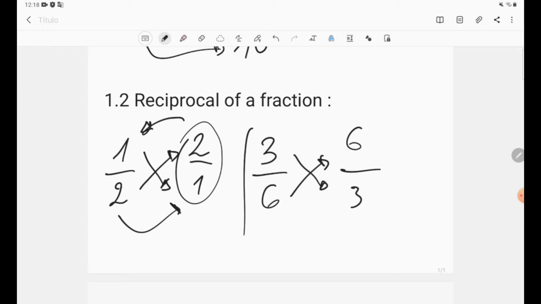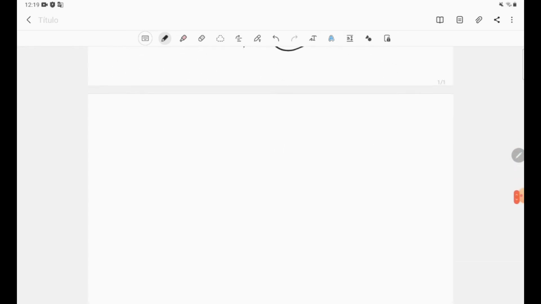So every time you look for a reciprocal of a fraction, we will have to switch the numbers. As you see here, 6 over 3 is the reciprocal fraction of 3 over 6, and 3 over 6 is the reciprocal fraction of 6 over 3. Okay, let's move on. This is clear. Now let's check why we need to know about reciprocal.